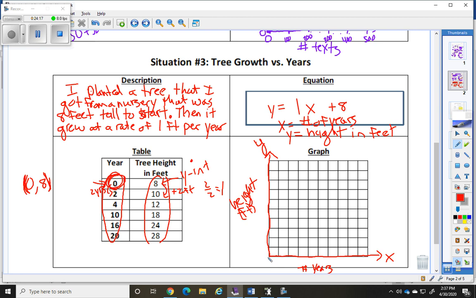I have to get to 20 years. I'll go by 2's. I'm not going to put a break in the line. I want to get up to 28. I'm going to go by 4's.